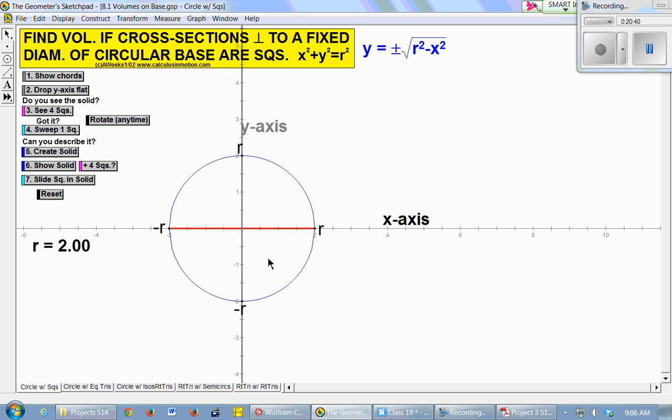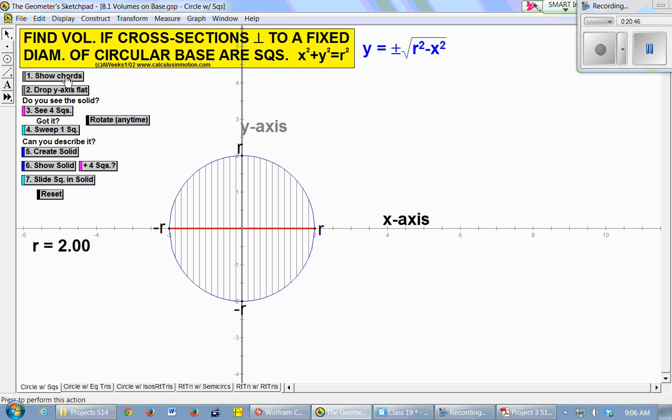So this is a circle centered at the origin, radius 2. So here are the chords. These are just my slices upon which I'm going to build squares. So the way we're looking at this right now is like a bird's eye view on the base. So on each of these chords, each of these slices of my circle, we would build a square coming out of the board to create a solid.